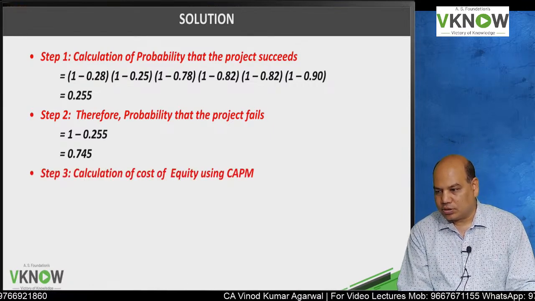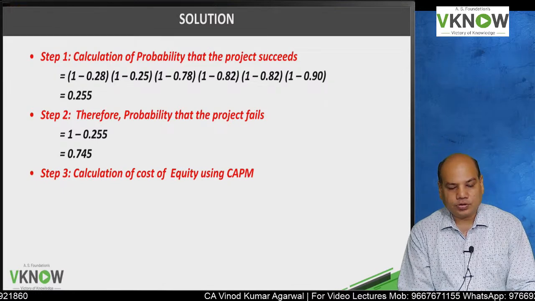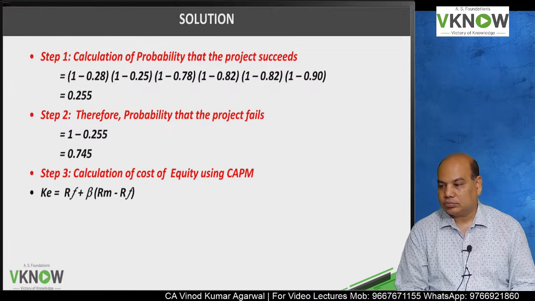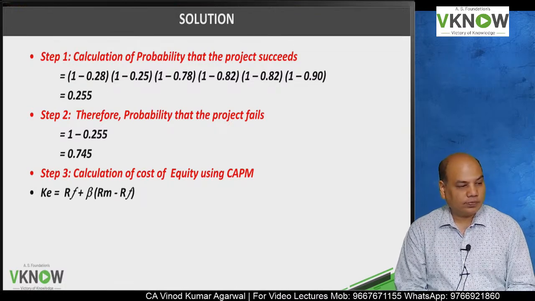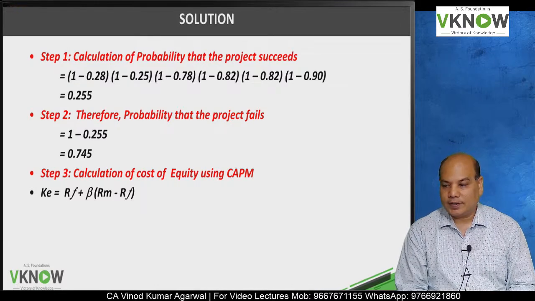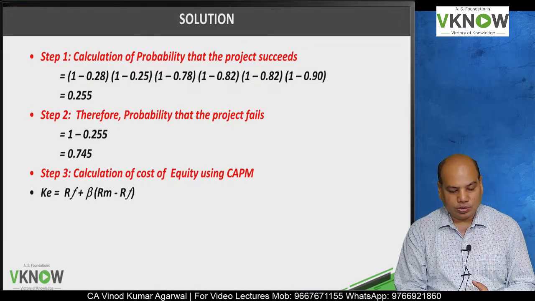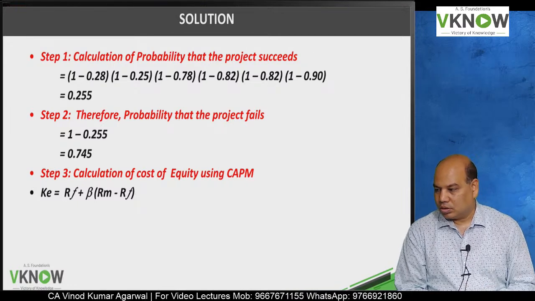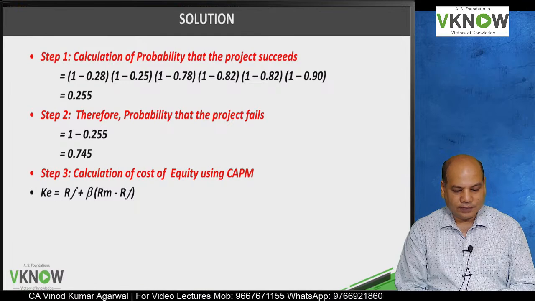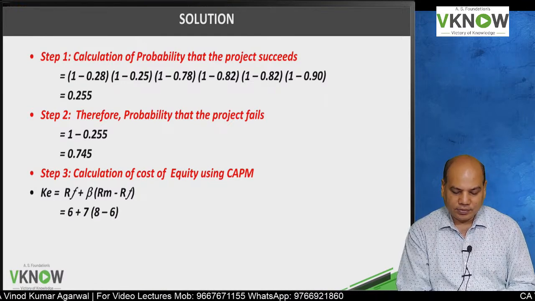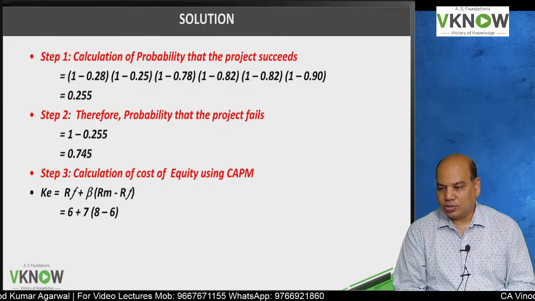Next working note is the calculation of cost of equity using CAPM. Cost of equity equals RF plus beta into RM minus RF. 6 plus 7 into 8 minus 6.